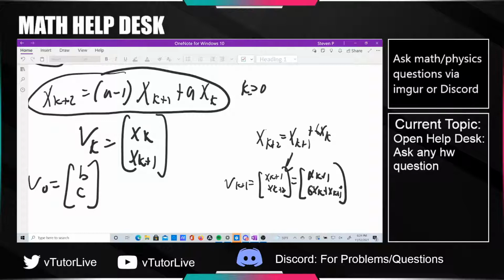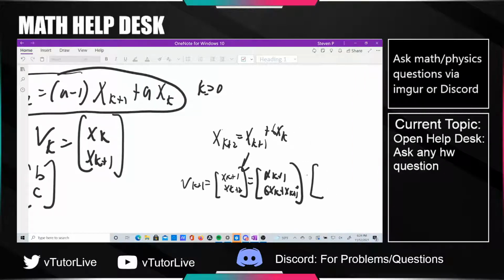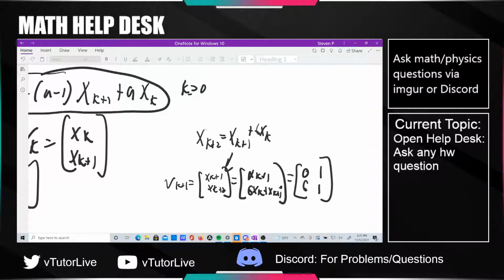And this starts to look like a matrix, 0, 1, 6, 1. So we basically have to figure out how to make a matrix. Find a formula. And this matrix should hopefully lead us to a formula times xk, xk plus 1. So this is our A.